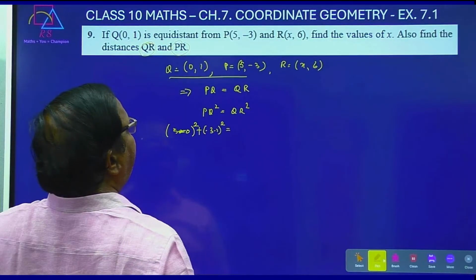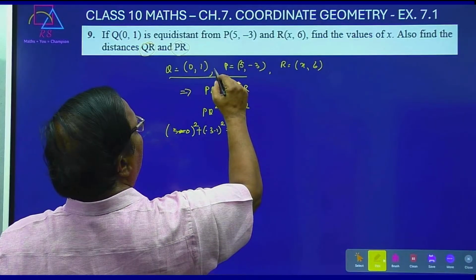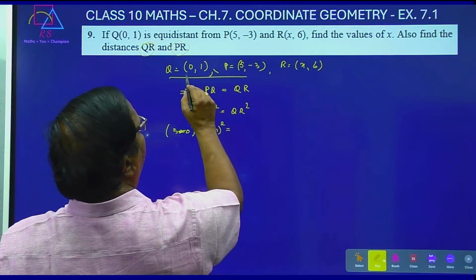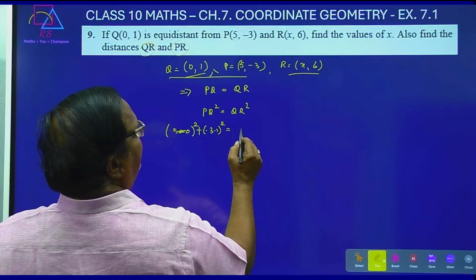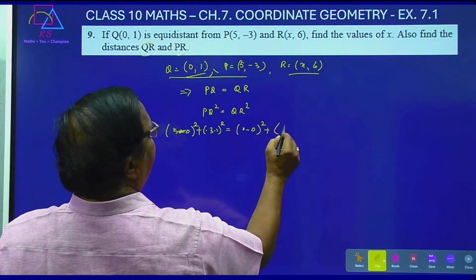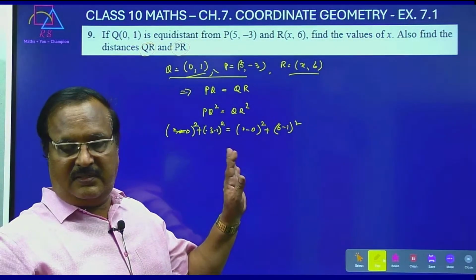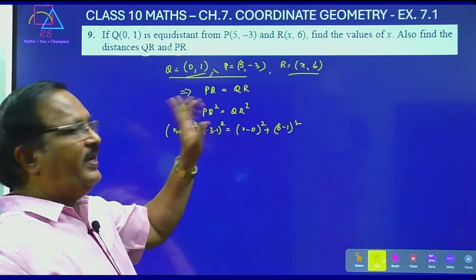This is PQ square. QR square, that means QR, this and the last one: x minus 0 whole square, 6 minus 1 whole square. I removed the square root because I have written squares here.